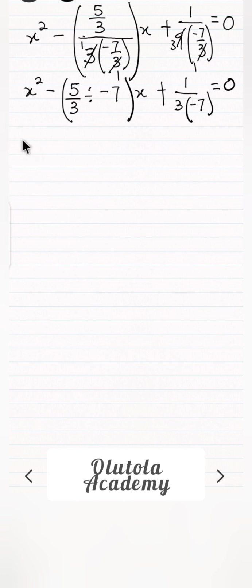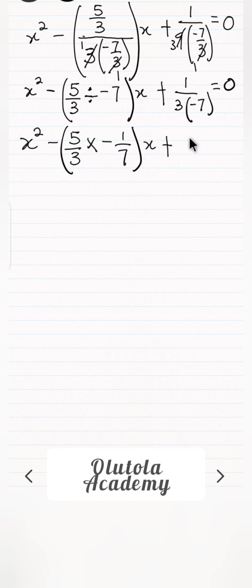So I go on next. I have x squared minus 5 over 3 times minus 1 over 7. That's division changing to multiplication, then you invert this, x plus 1 over minus 21 equals 0. So I am almost there now.